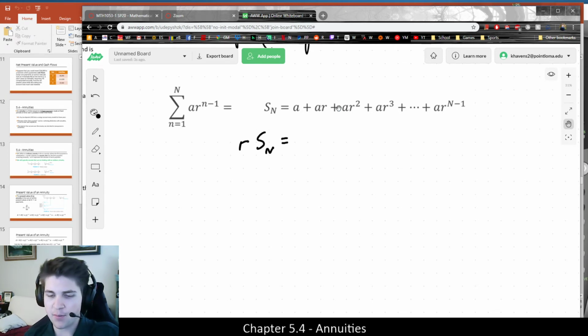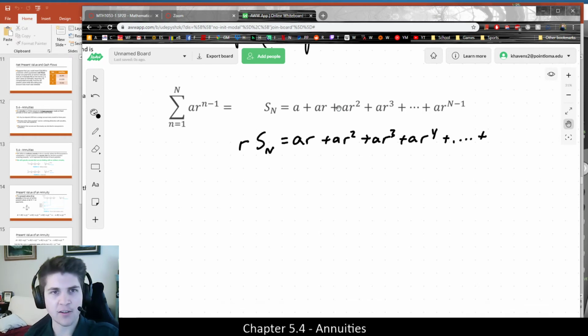If we multiply through by r, all of this will also need to be multiplied through by r, which would leave us with ar plus ar squared plus ar cubed plus ar to the fourth, dot dot dot. And the final term in that series, ar to the n minus 1, will be multiplied by a singular r. Since that is one r, the exponents will add, giving us n minus 1 plus 1, which is just n.